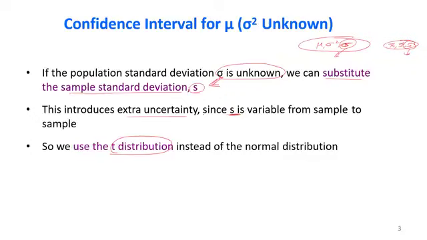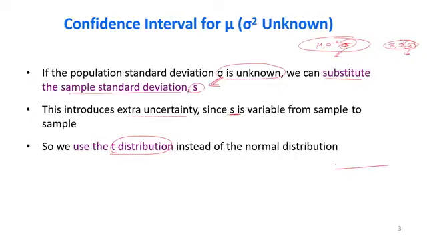On top of that, we are considering a sample statistic, so it adds some extra uncertainty. That's the reason we go with the t distribution instead of the standard normal distribution.